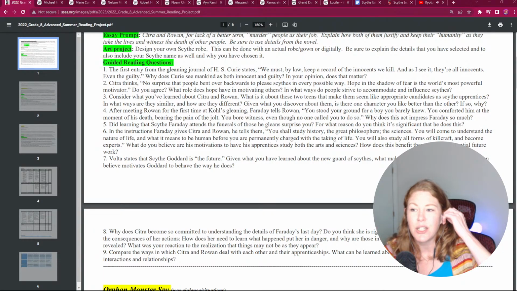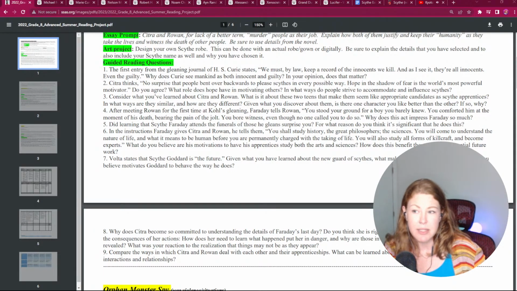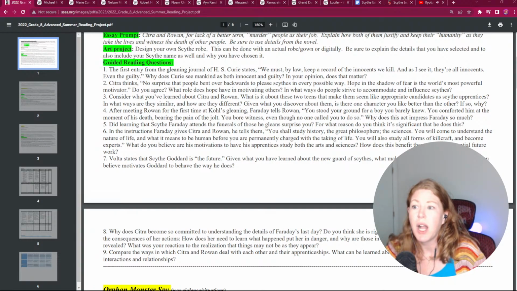But even, you know, Scythe Faraday and Scythe Curie get things, right? I mean, Scythe Curie gets a car for kind of a different reason. But Scythe Faraday gets his fair share of people trying to help him and do things for him. So there are lots of ways they strive to accommodate the Scythes.